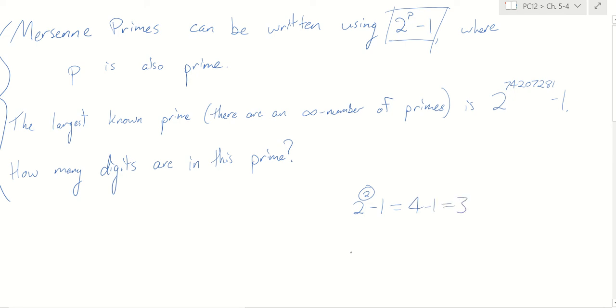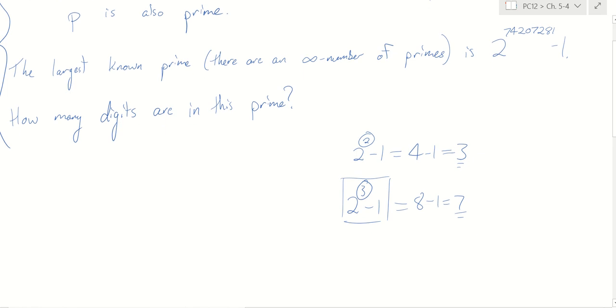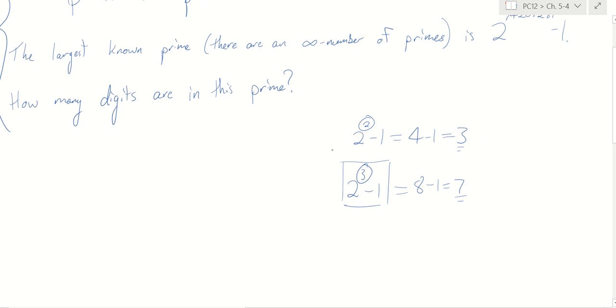You can think of also 2 to the 3 minus 1. 3 is prime, and when we evaluate this whole thing, we get 8 minus 1, which is 7, which is also prime. So that's how they work. We do see that this doesn't work for any prime, but any prime input for the exponent.